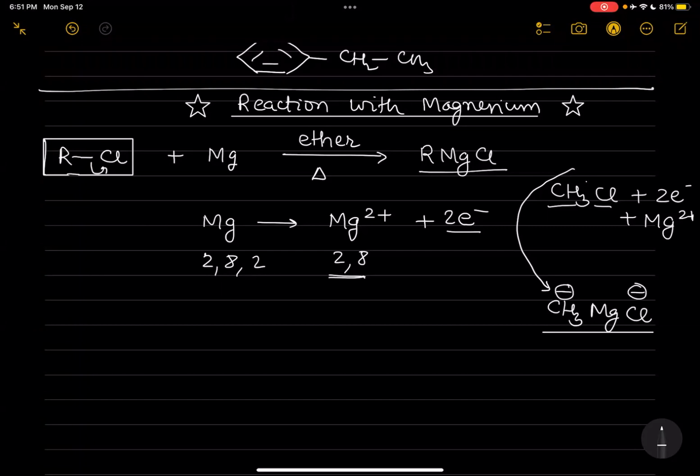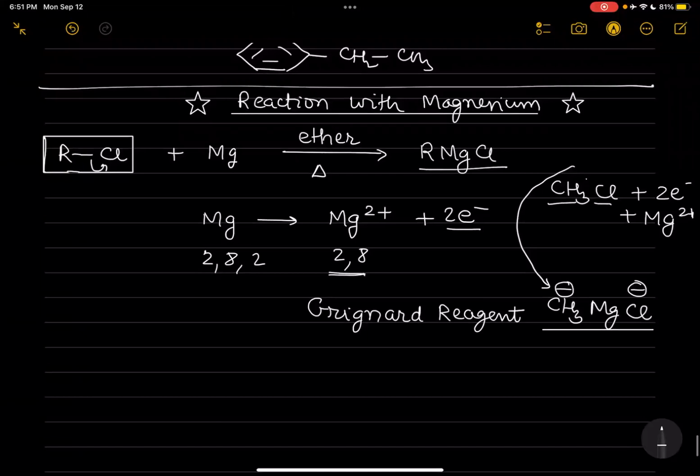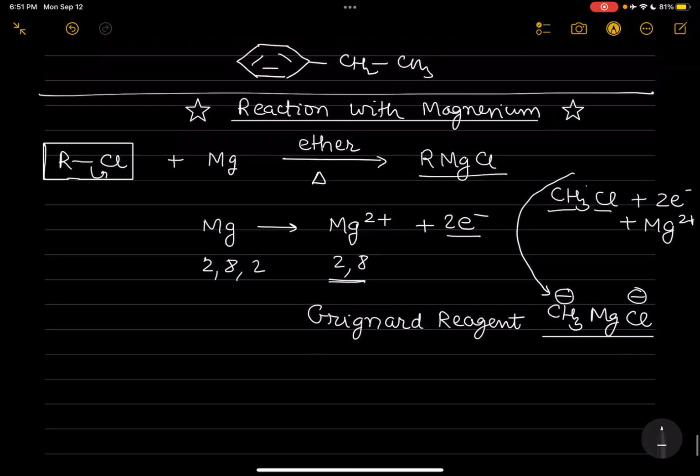So this is known as Grignard reagent. This belongs to a class of compounds known as organometallic compounds. Is it clear?